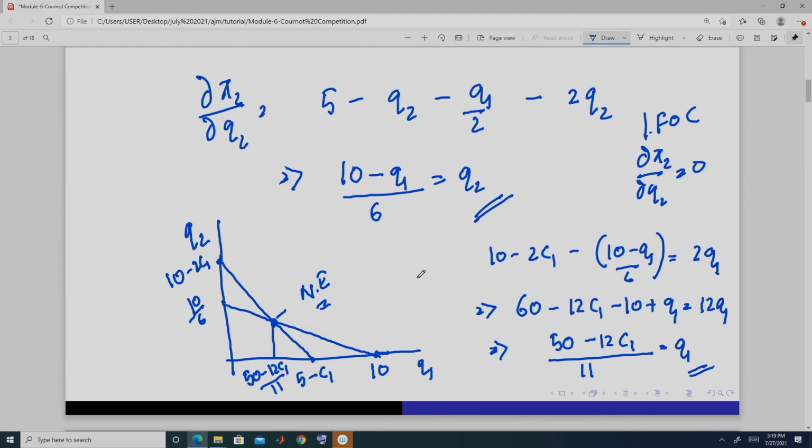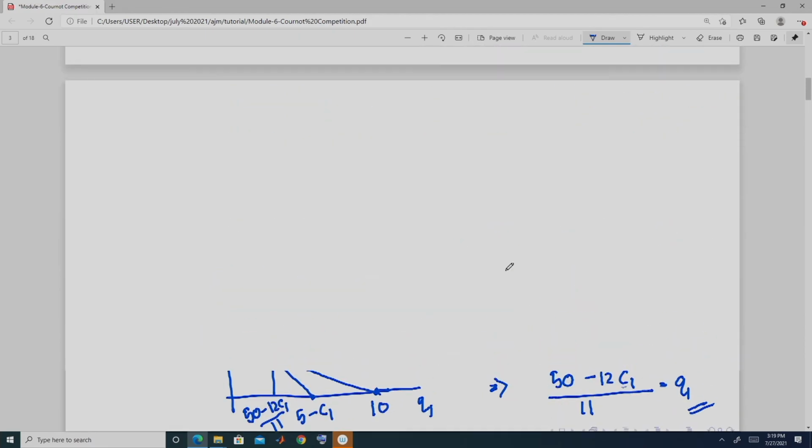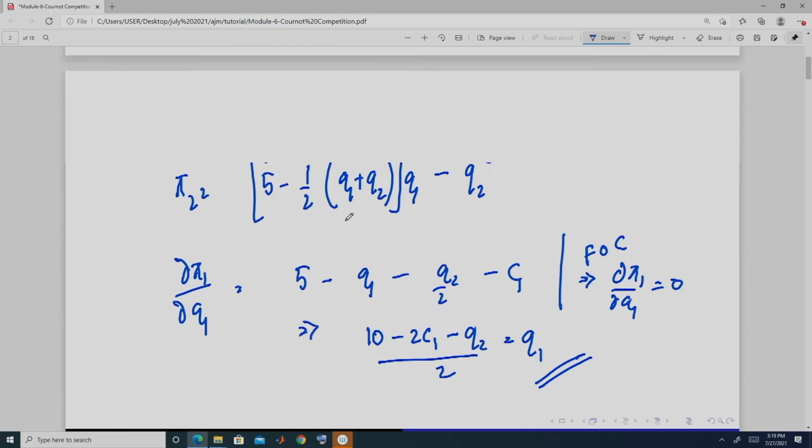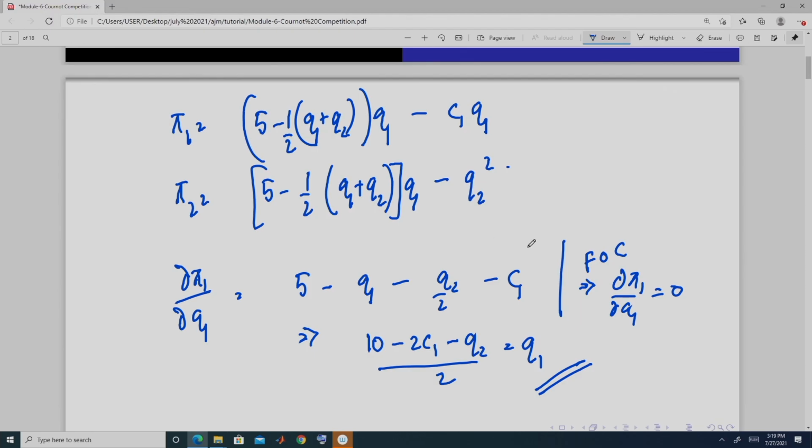So, these are the pure strategy Nash equilibrium or Cournot Nash equilibrium outcome of this game, and we can plug them into the profit function here and we will get the profit.